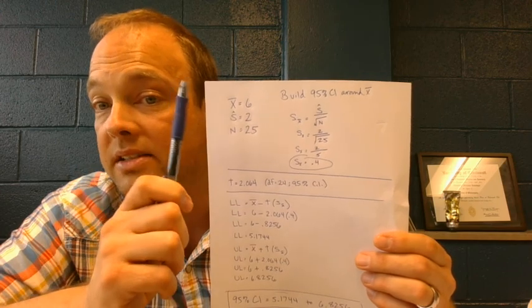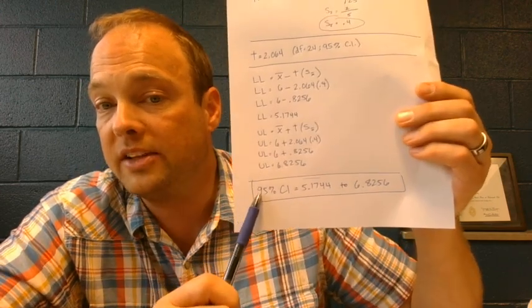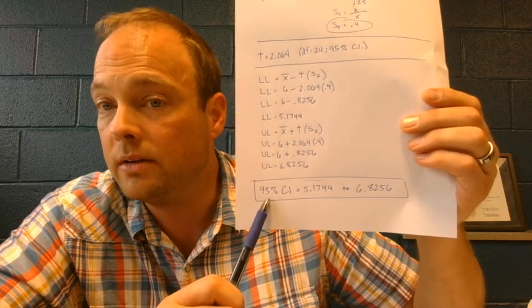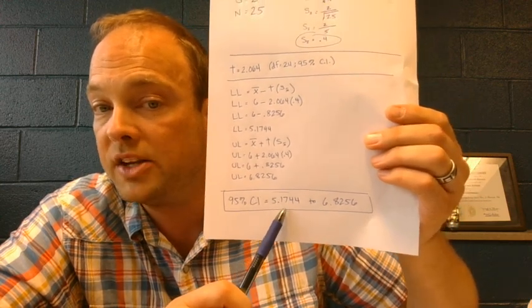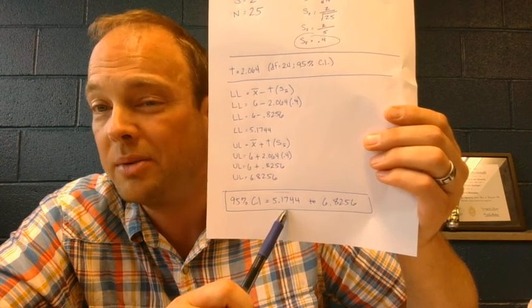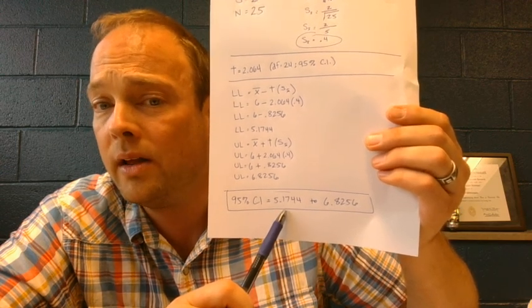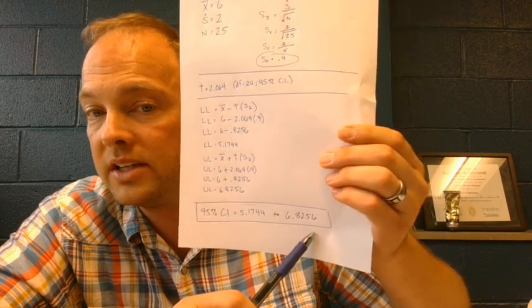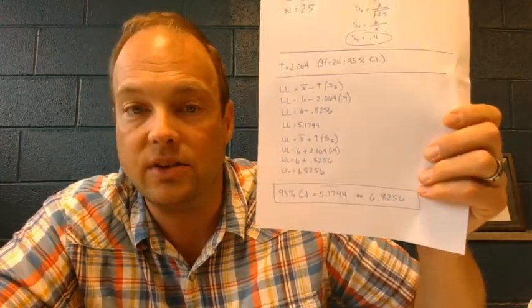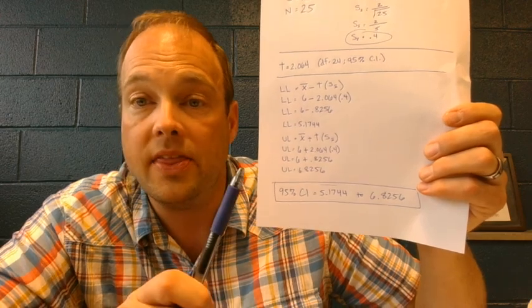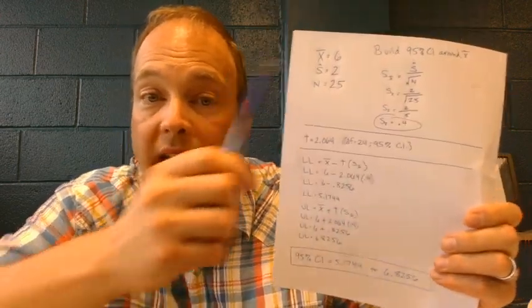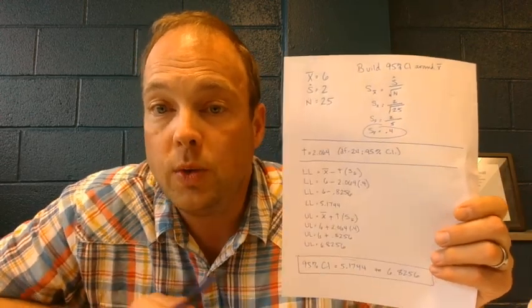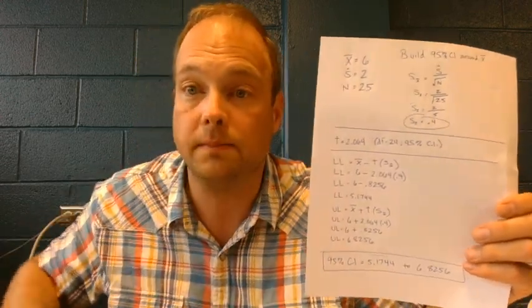But, thanks to our mathemagic, we can be 95% certain that the true population mean falls somewhere between 5.1744 and 6.8256. In the next segment, I'm going to transfer all of this information to the appropriate drawing. So stay tuned.